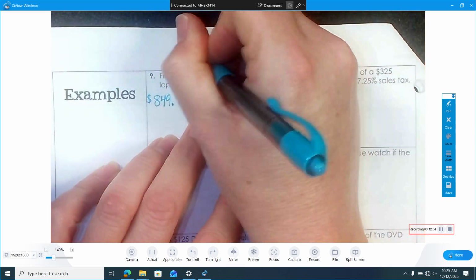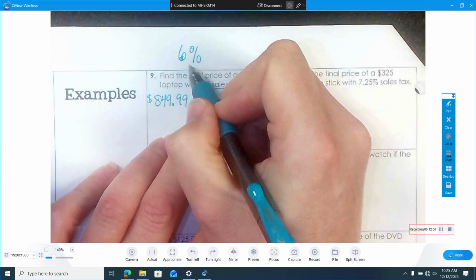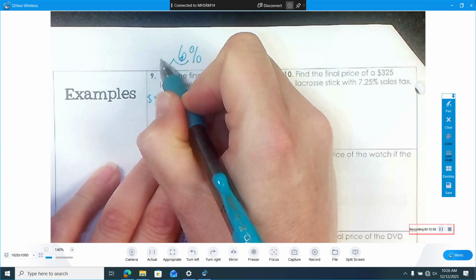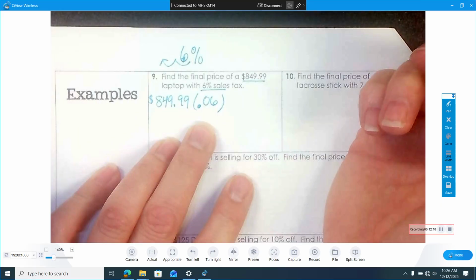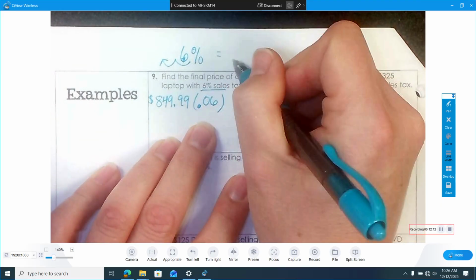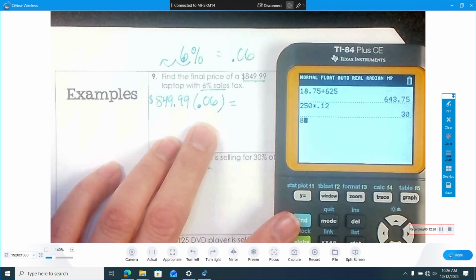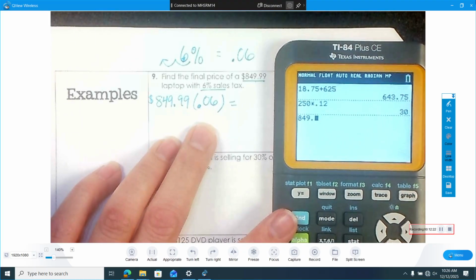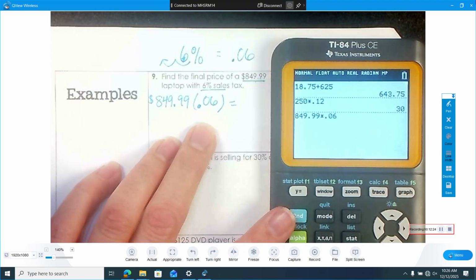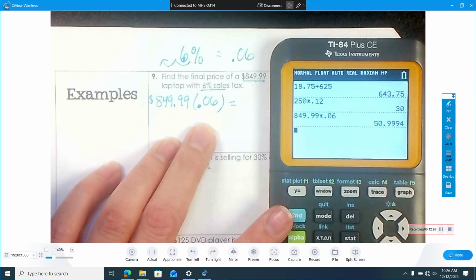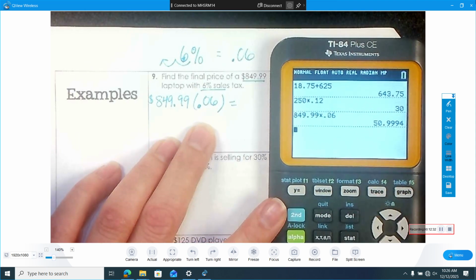Again, 6%. We have to take the decimal and move it 2 places, so that gives us 0.06. So I'm going to take $849.99 times 0.06, and that is $51.